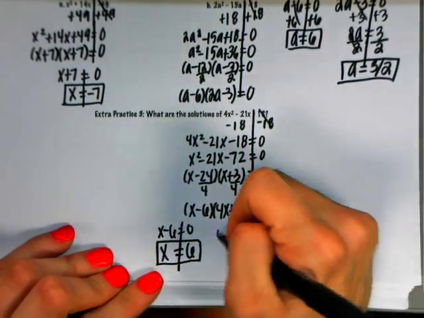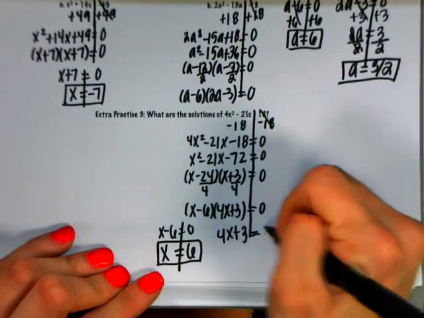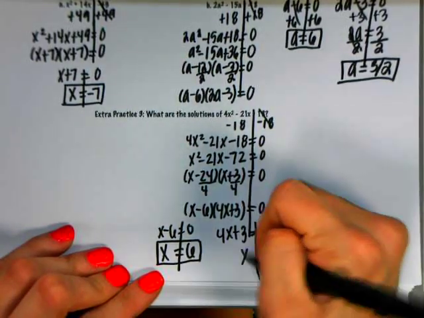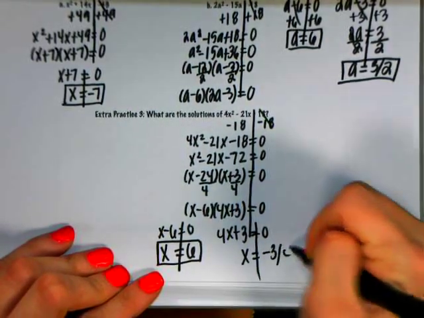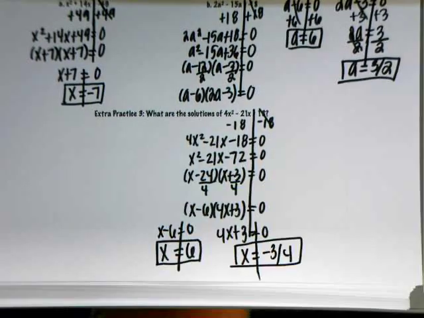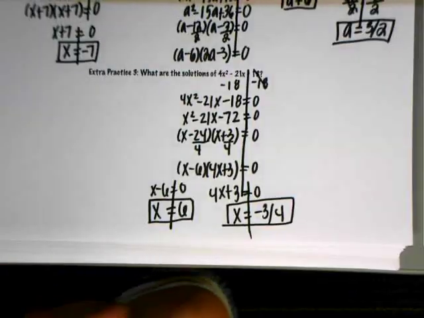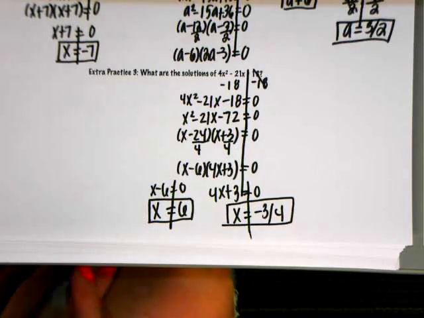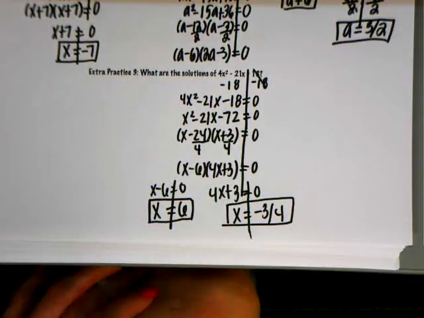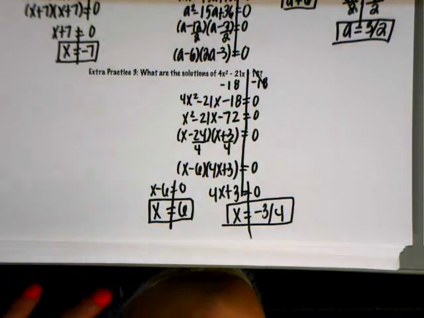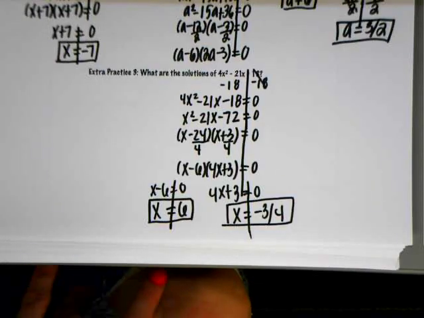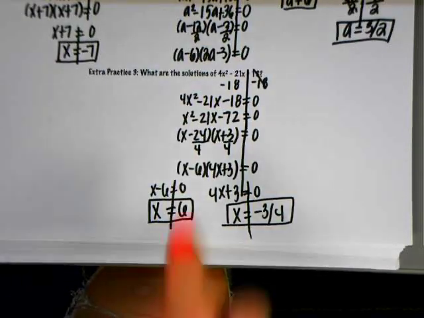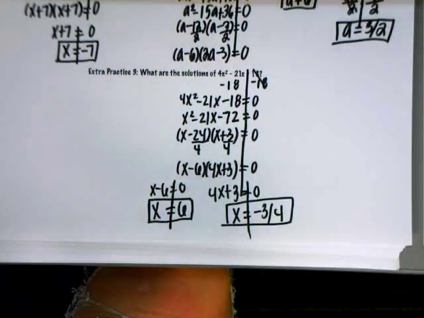And 4x plus 3 equals 0, you get x equals negative 3/4. Got it? Cool. Does it have to be negative 24? Because it's negative 21, so that's the only way it'll add up to that.